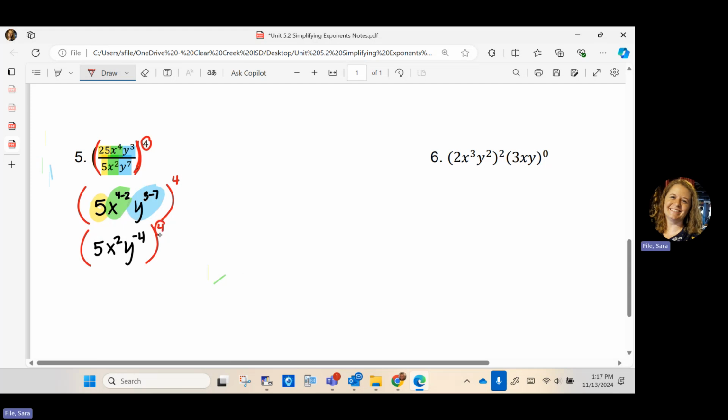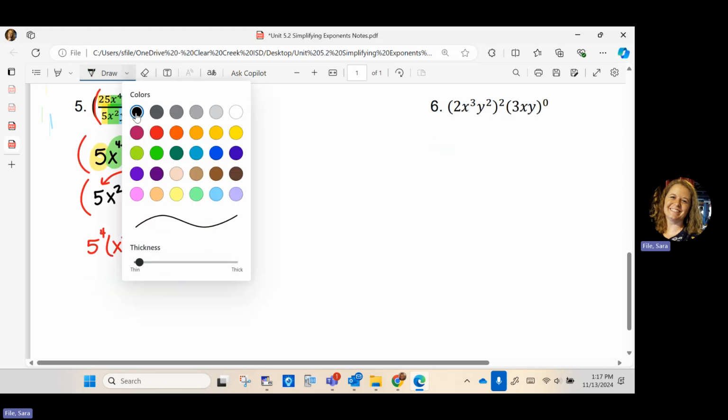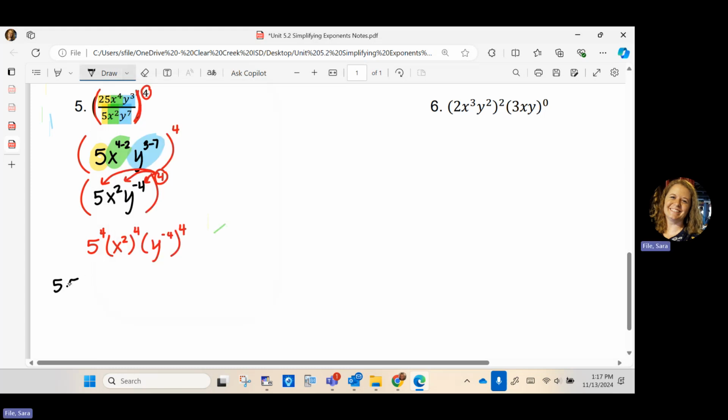I'm going to take that 4 and distribute it to the 5, the x, the y. So 5 to the 4th, x squared to the 4th, y to the negative 4 to the 4th. And then I'm going to use that power property again. 5 to the 4th means there are 4 5s being multiplied.